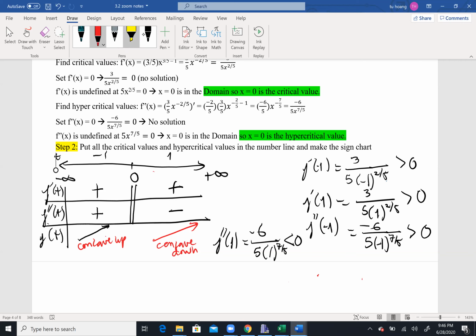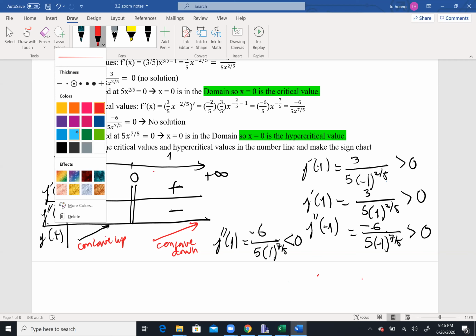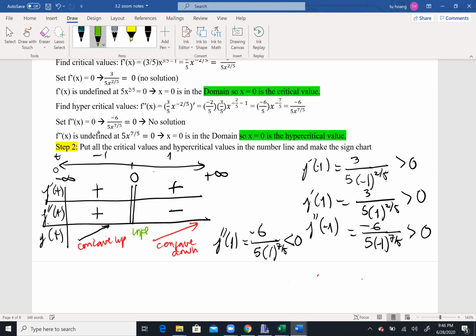And we will have like an inflection over here at 0. So I have f of 0 will be equal to what?